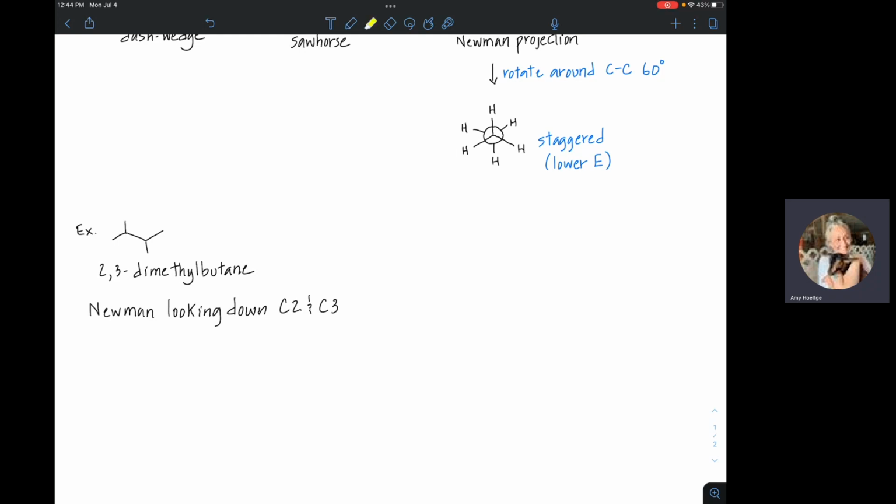In other words, we are going to draw a Newman projection, and if it helps, a little eyeball here. We're going to stare down carbon 2 and 3. It's an eyeball, by the way. So we're going to look down there. Let me get rid of that.